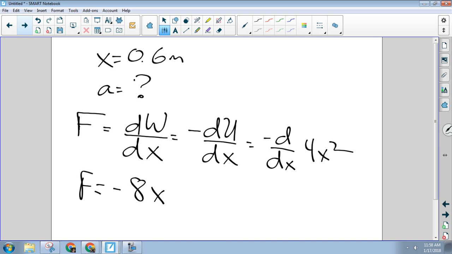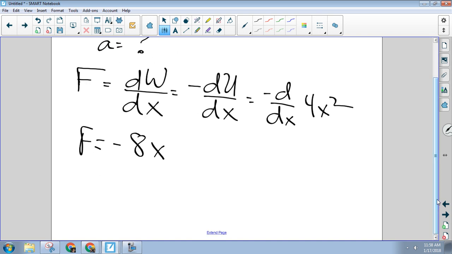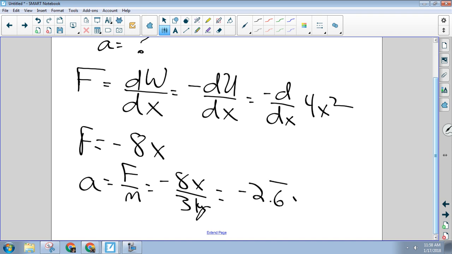Now that we know this, we ought to be able to find our acceleration. Acceleration should be force over mass. So negative 8x over our mass, which was 3 kilograms, so you get negative 2.6x. And now you can plug in your value of x, 0.6, and it gives you 1.6 meters per second squared.